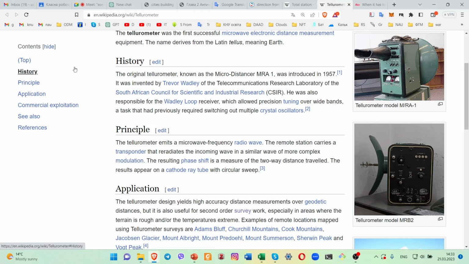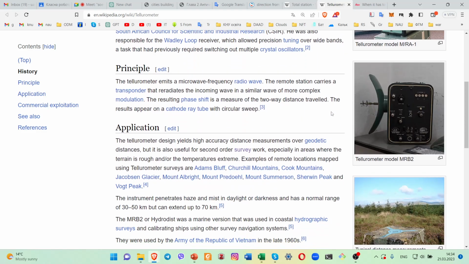It was invented by Trevor Wadley of the Telecommunication Research Laboratory of the South African Council for Scientific and Industrial Research. He was also responsible for the wide loop receiver, which allows precision in tuning over wide bands. The principle of the tellurometer: it emits a microwave frequency radio wave.